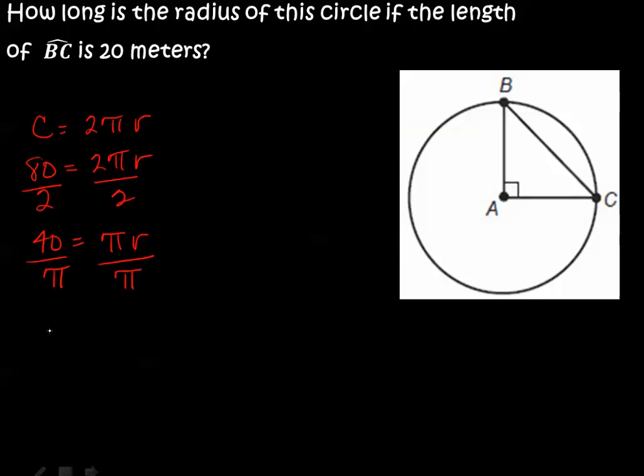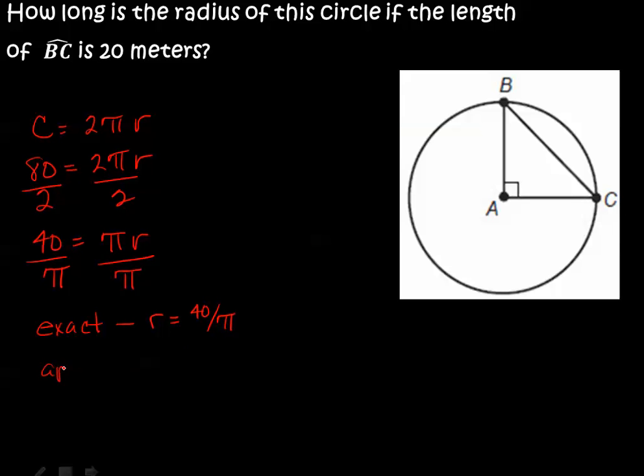You can either say the exact, let's put it like this. Remember, if we want our exact measure, then our radius is going to equal 40 over pi.